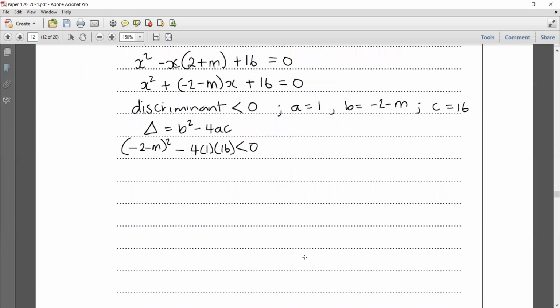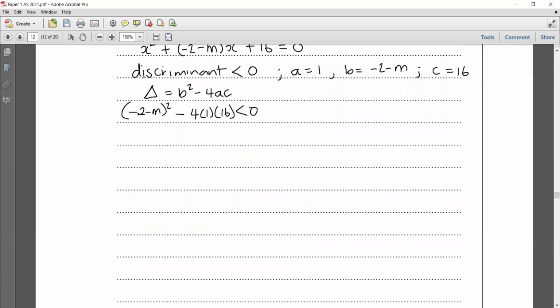Okay, so here you can expand this out, but remember that negative 2 minus m is negative 2 plus m, and this is also the same as negative m plus 2. They are exactly the same.